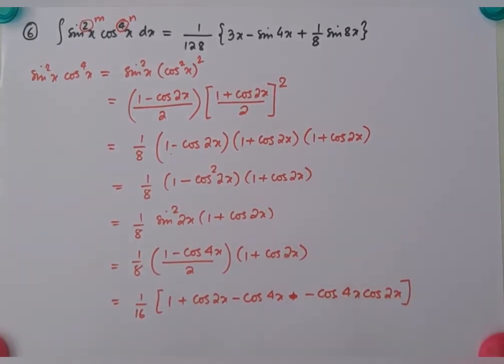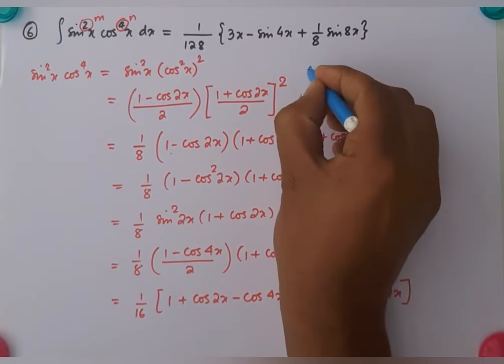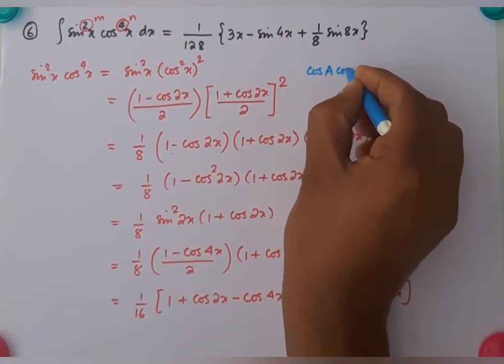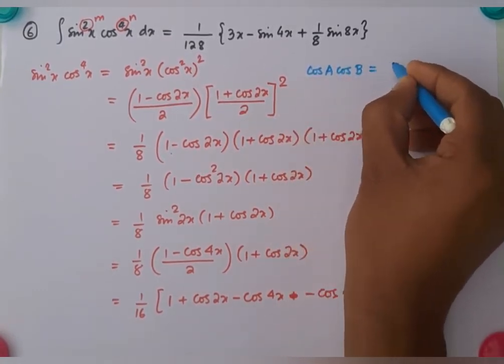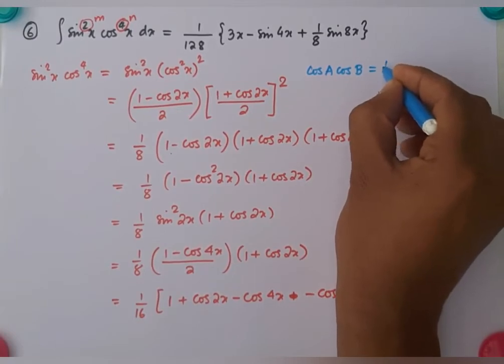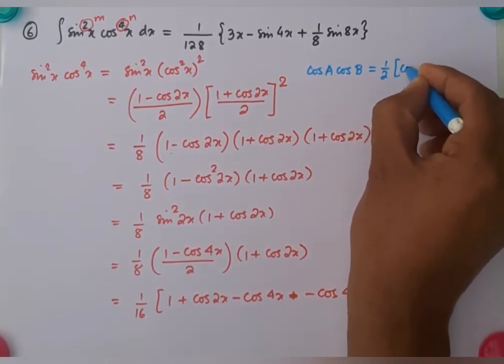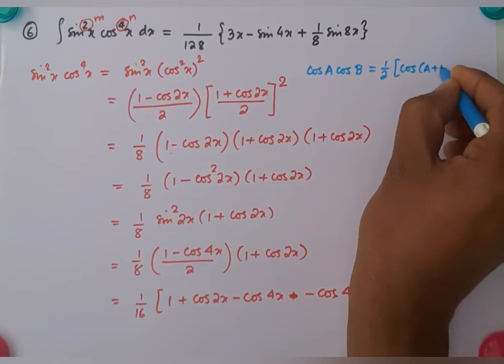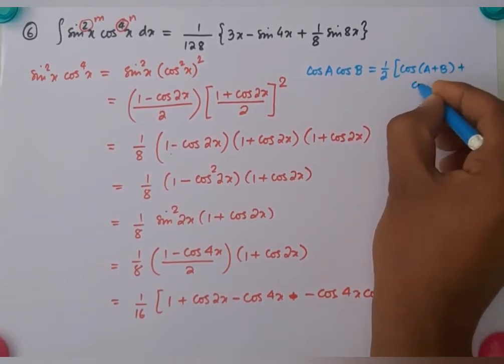Now there is one more formula from trigonometry, so let me write the formula for you. cos a cos b is equal to, remember, half of (cos(a plus b) plus cos(a minus b)).